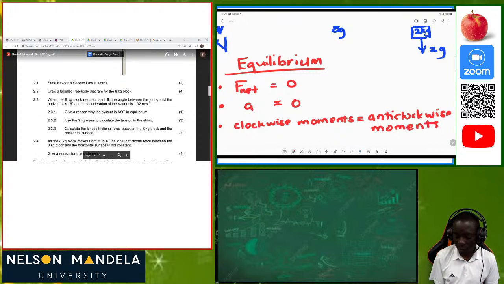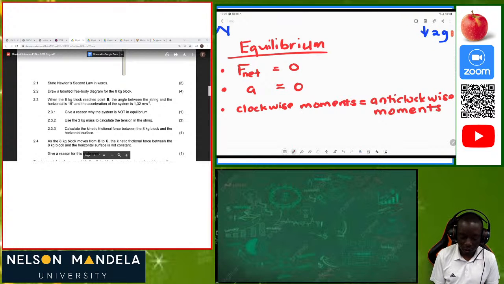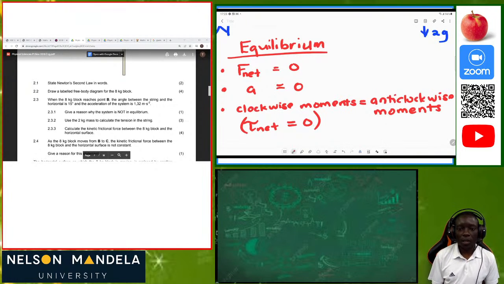So for moments, basically moments are torque, so we can talk of net torque is equal to 0.